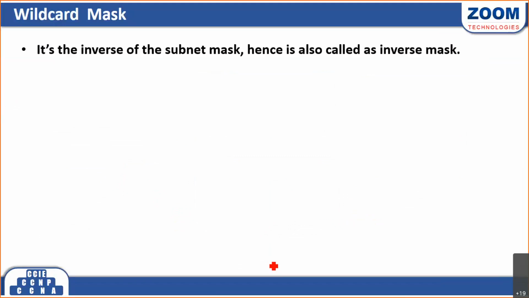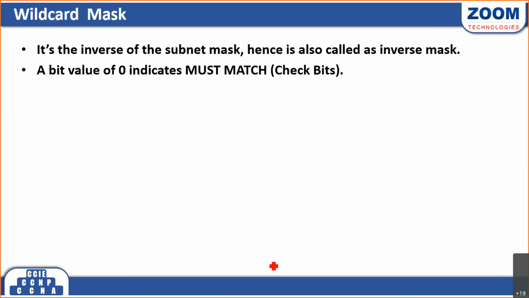It's the inverse of the subnet mask, hence it is also called the inverse mask. And point number 2: a bit value of 0 indicates must match, and a bit value of 1 indicates ignore. So the wildcard mask works exactly like this: 0 indicates must match, 1 indicates ignore.